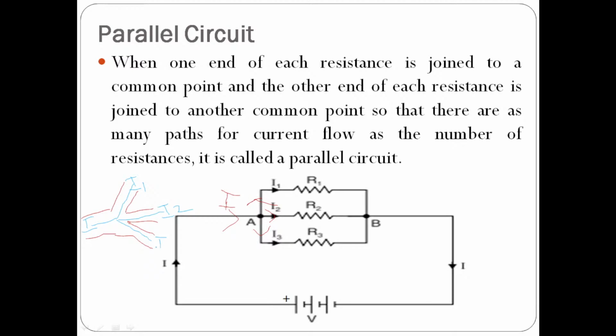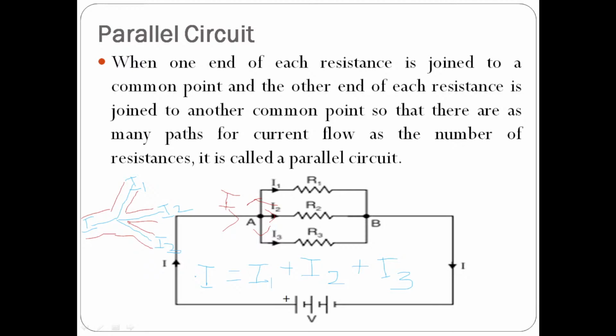I is equal to I1 plus I2 plus I3. Okay, I is equal to what? I1 plus I2 plus I3. Current is dividing into 3 parts here.